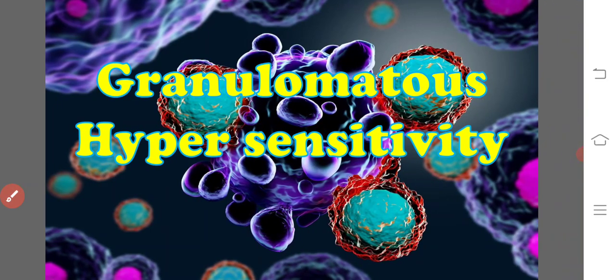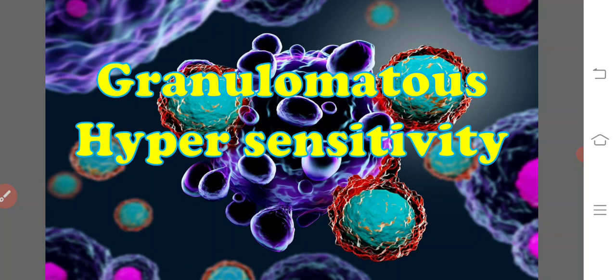And coming to the third one, granulomatous type of hypersensitivity, where in the granulomatous reaction, there is a balance between protective immunity and T cell mediated tissue damage to insoluble antigen.